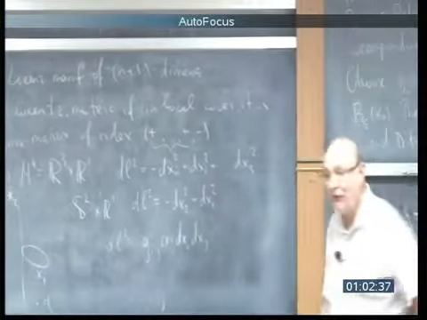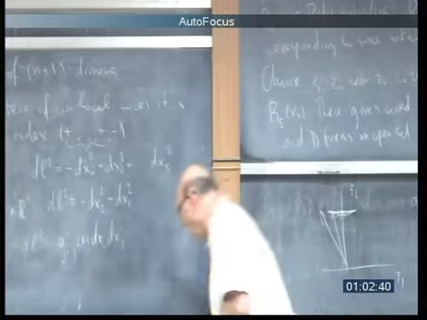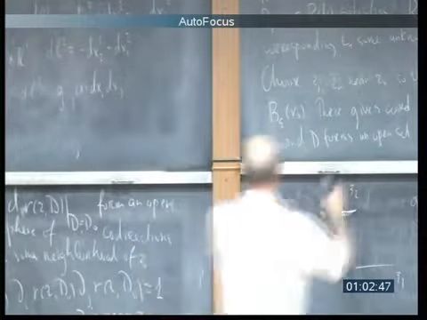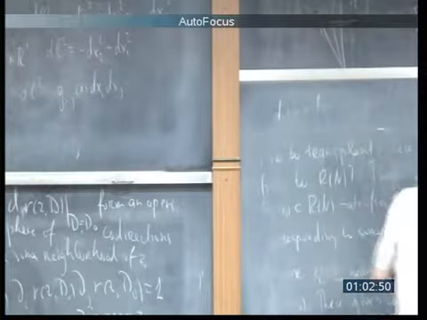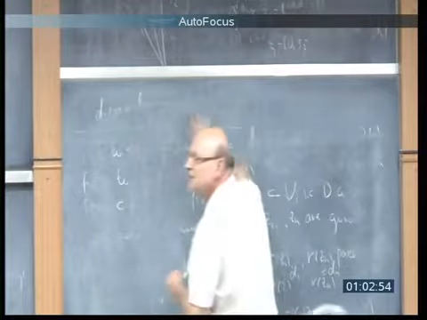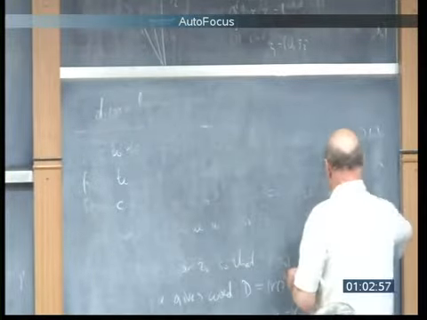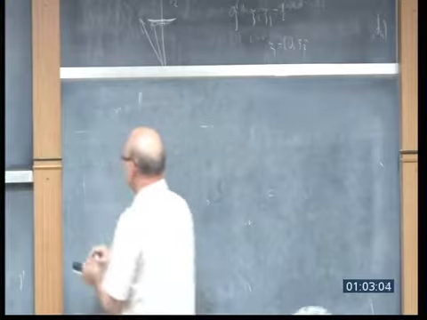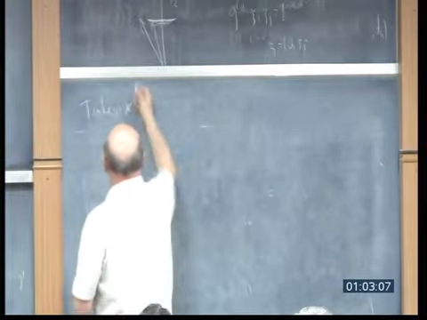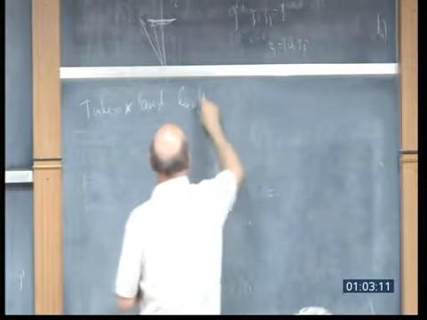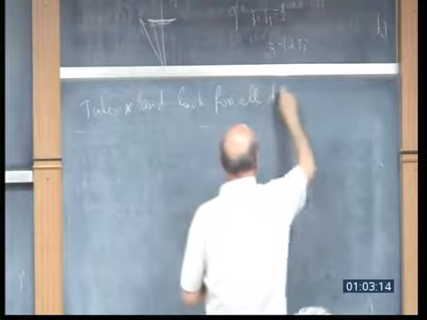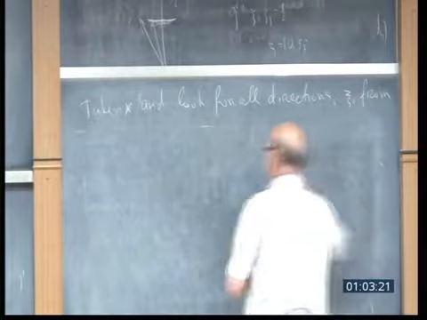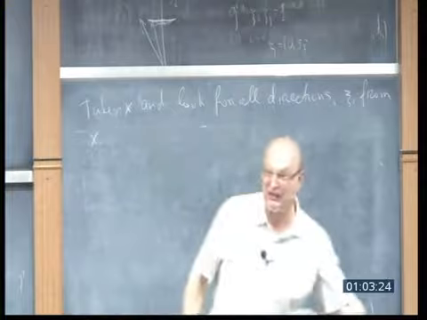So if you take a point x and look at all directions, that is what is called the tangent plane over x.